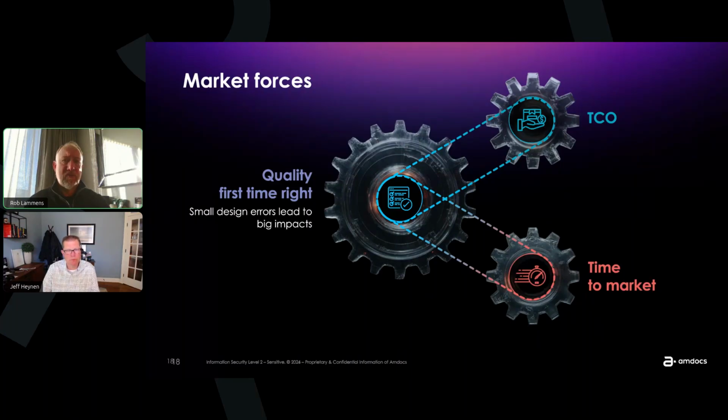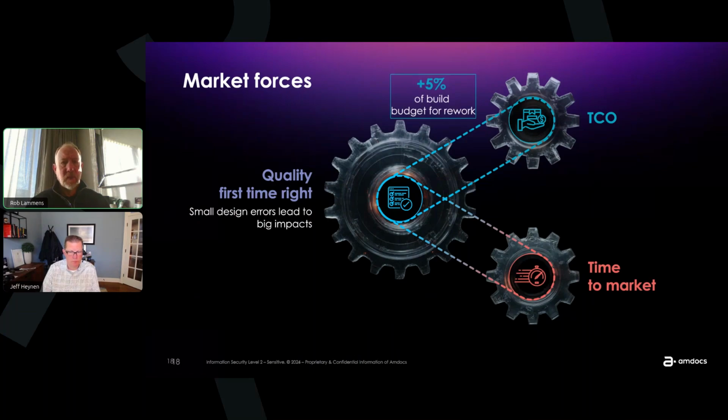The charges that we see for permitting reapplication are enormous sometimes. The amount of time going back to the end of the queue becomes a real problem for customers. And so quality, specifically as it relates to our automation capabilities, is our primary focus when it comes to how we design our fiber designs, bringing time to market to the top of the chain.